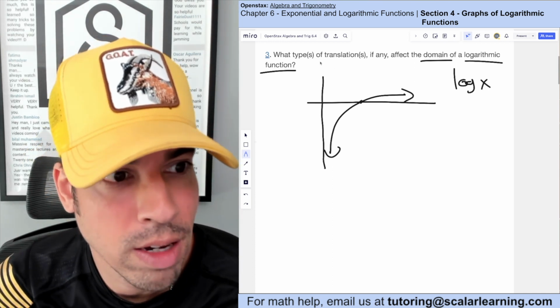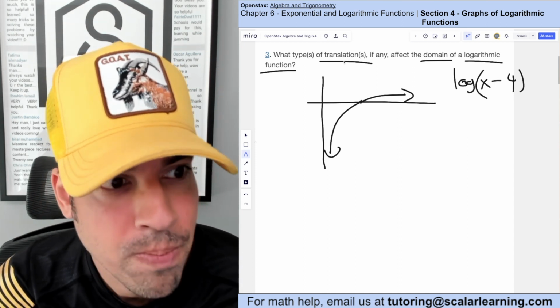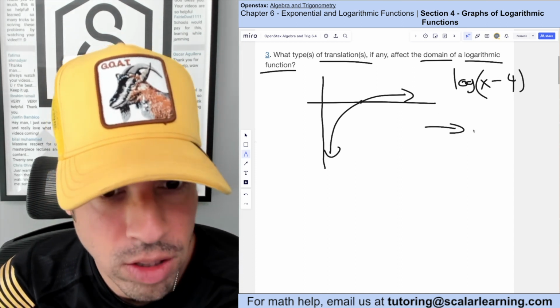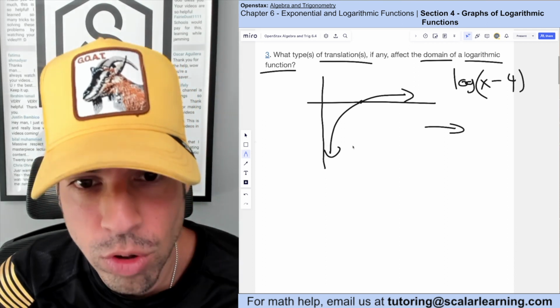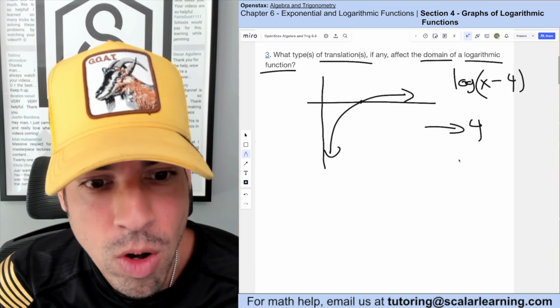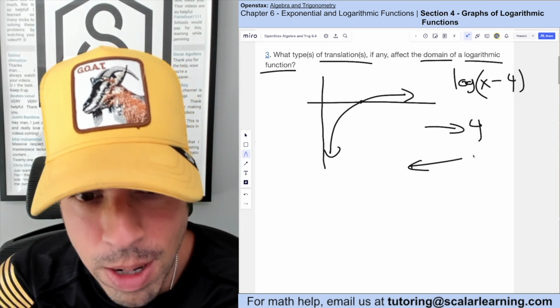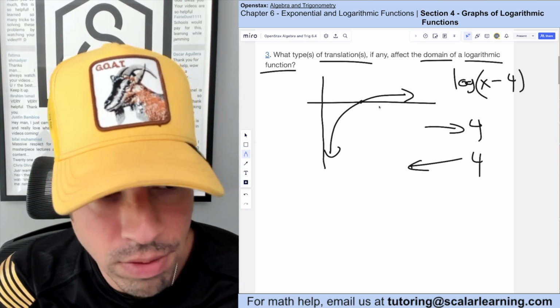If we apply a translation, for example shifting it to the right by 4, that will affect the domain, because instead of going from 0 to infinity, it would go from 4 to infinity. Likewise, if we shift it to the left by 4, the domain would be -4 to infinity.